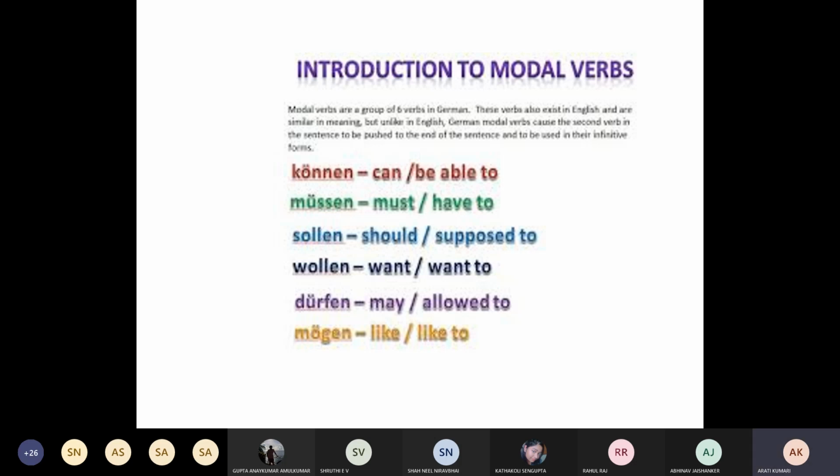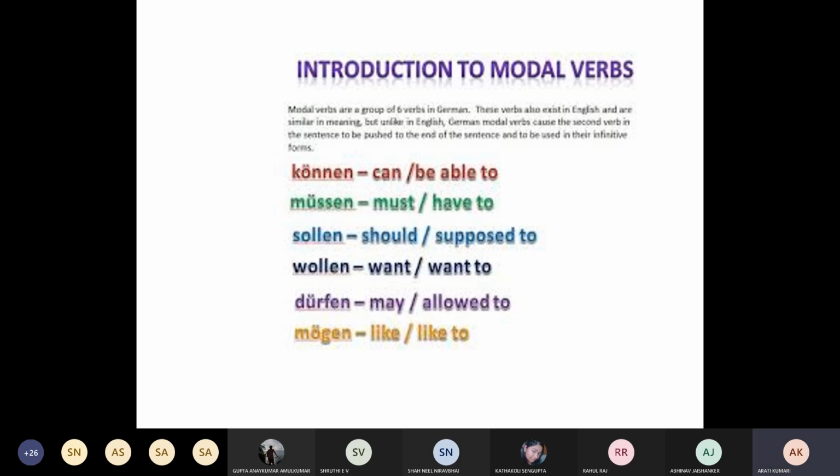For example, if you want to say, I cannot visit you today, how do you say that? Können. Ich kann dich heute nicht besuchen. So in the sense of can.